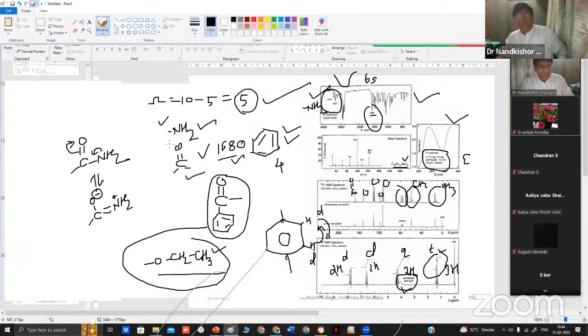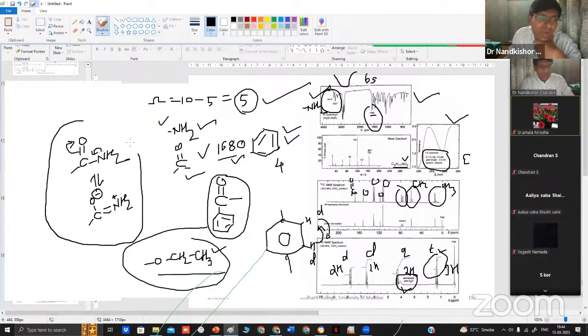Now from this structural data, we have discussed in the last lecture that the D2O exchange is possible with the free NH2 group and not in the case of amide. So the presence of amide group in this structure will be ruled out, because if the amide group would be there, then there should not be any humps in the proton magnetic resonance, and that should not be exchanged with the D2O. That is the part.